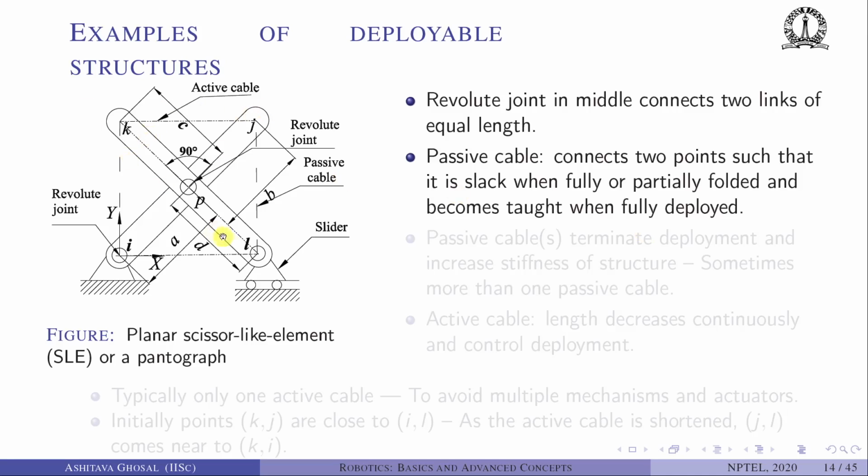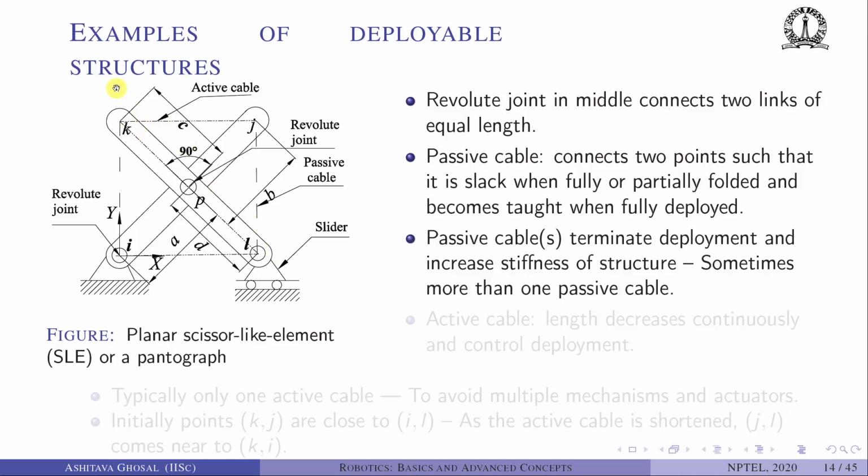Okay, so there is an active cable, and then there are also passive cables. These dotted lines, horizontal and vertical dotted lines, are the passive cables, and these diagonal ones are the active cables. The passive cables terminate deployment and increase stiffness of structures. Sometimes more than one passive cable is used.